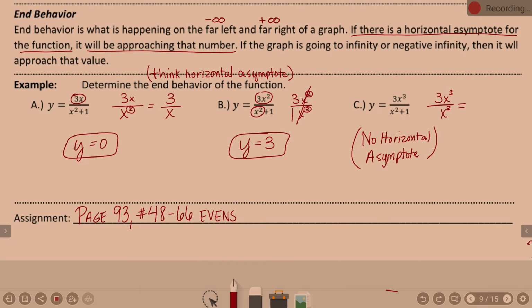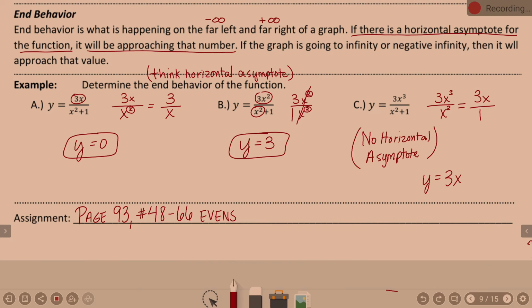X to the, how many x's can cancel out? 2, right? X to the second cancels. That means on top I still have 3x. On bottom I still have 1. Okay, well, right there, by canceling out, our asymptote is going to be y equals 3x.